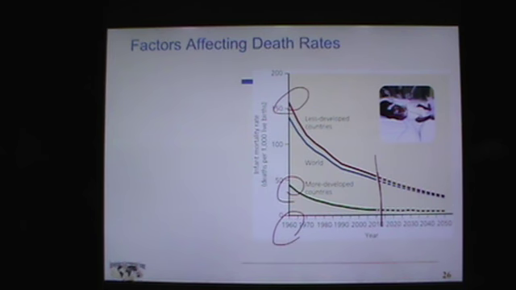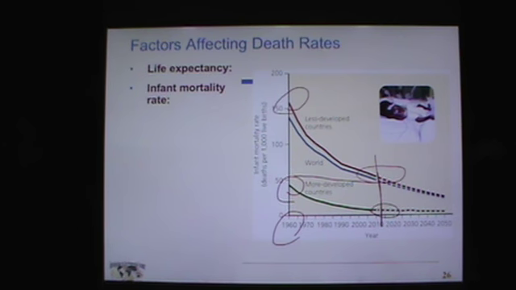The infant mortality rate in the less developed world has dropped from 150 down to 50, and in the developed world it's dropped down to about 10 infant deaths per 1,000 live births.